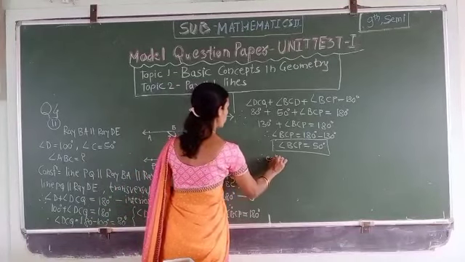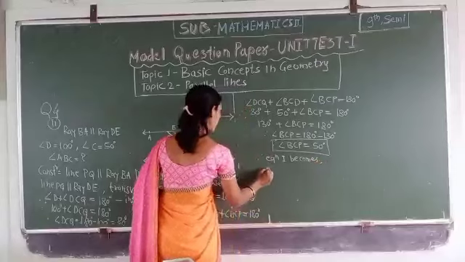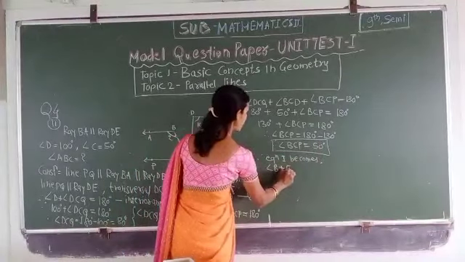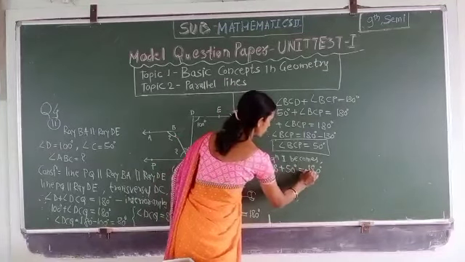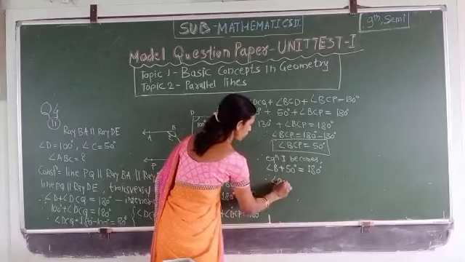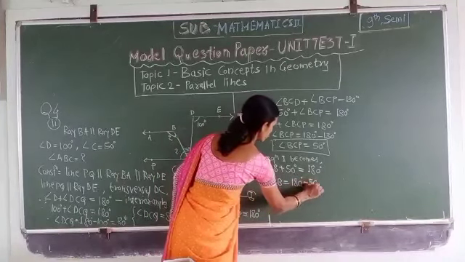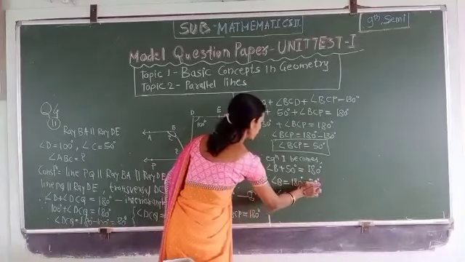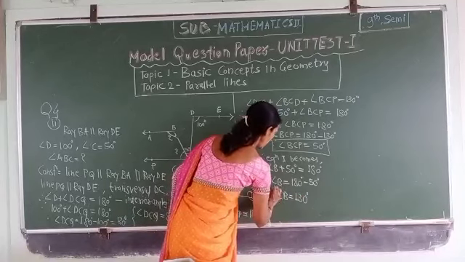Here equation 1 becomes angle B plus angle BCP, that is 50 degrees, equals 180 degrees. Then angle B equals 180 degrees minus 50 degrees. Therefore angle B equals 130 degrees.